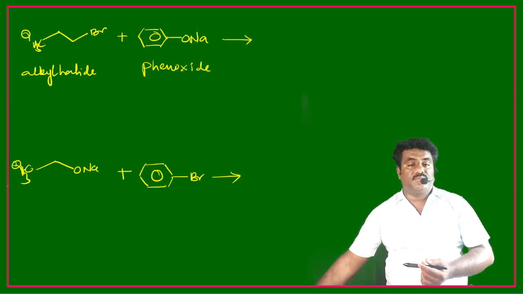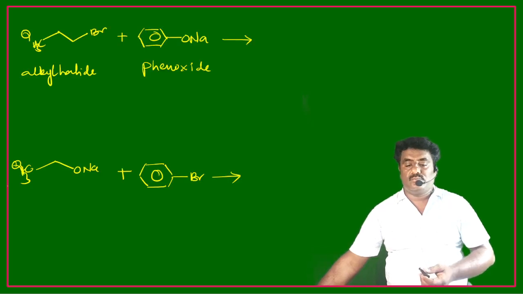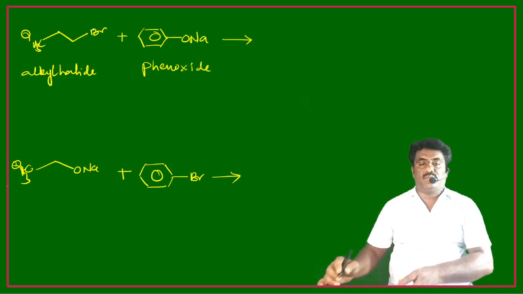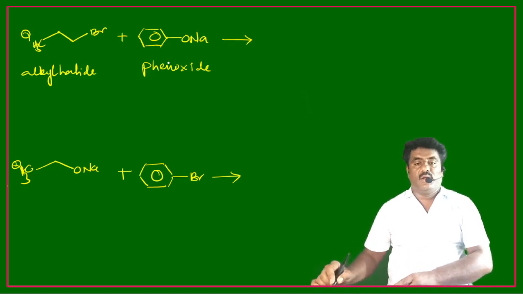Now we are looking at some questions. Have a look at this example: alkyl halide and phenoxide. What happened?